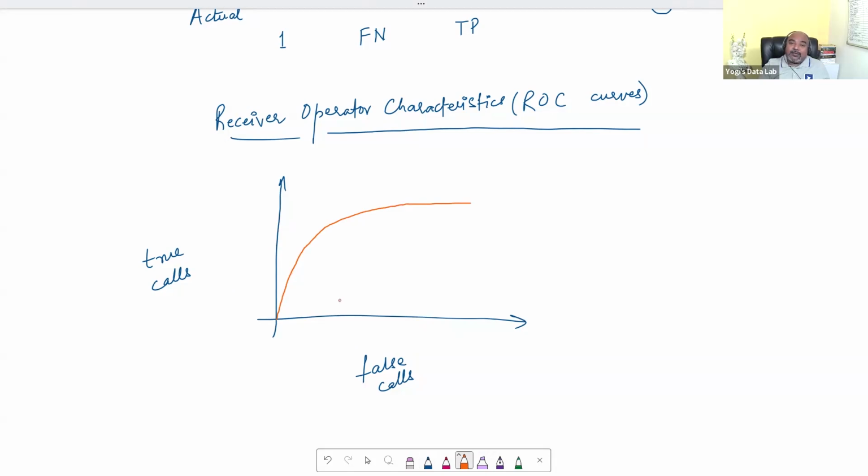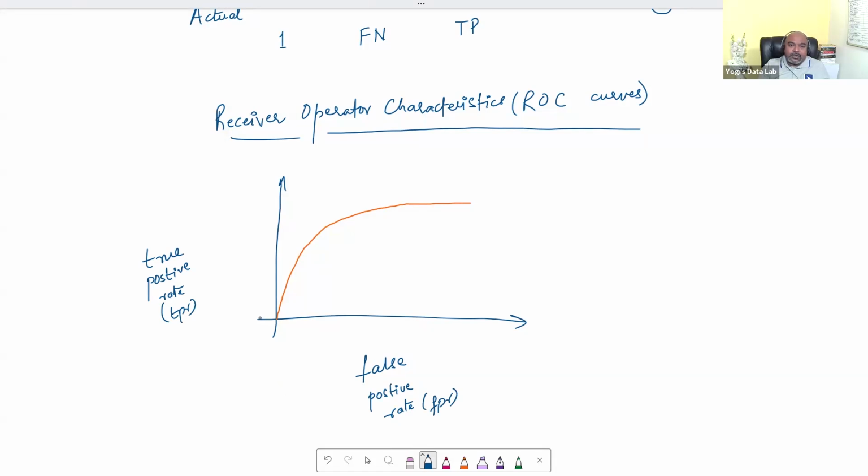So this was changed when it came into data science, and this changed from true calls and false calls to true positive rate and false positive rate. So this is your TPR and this is your FPR.